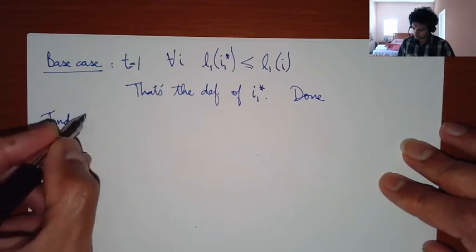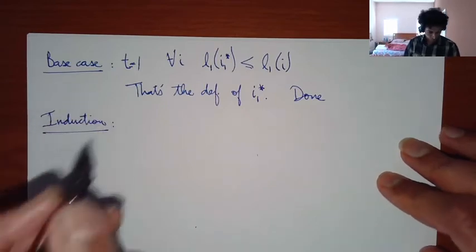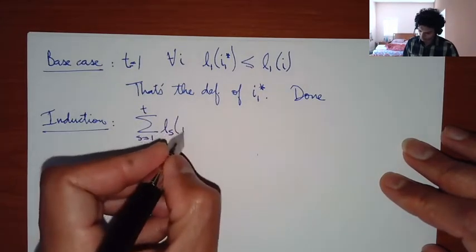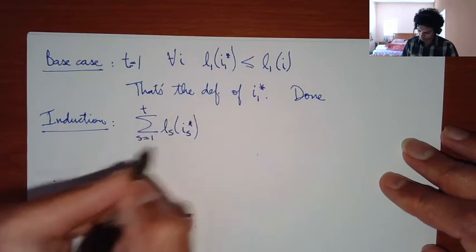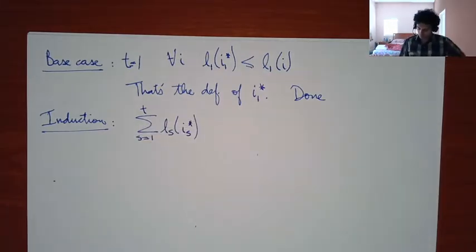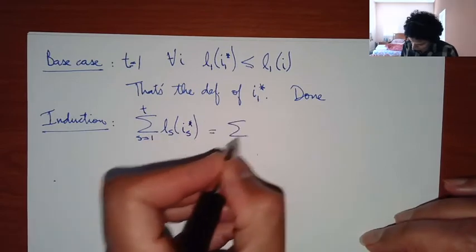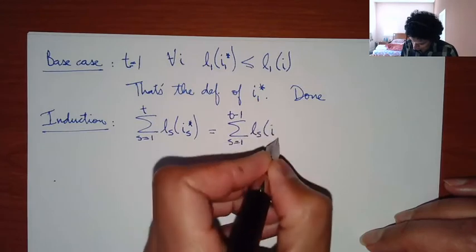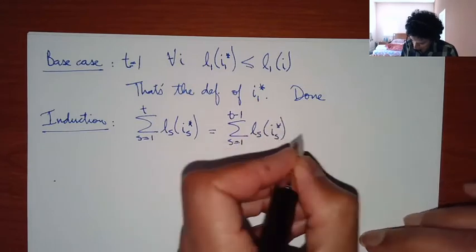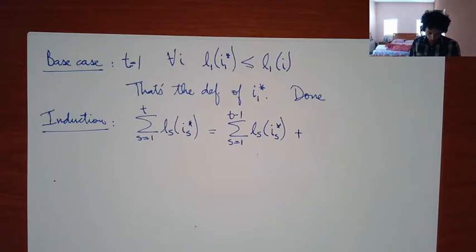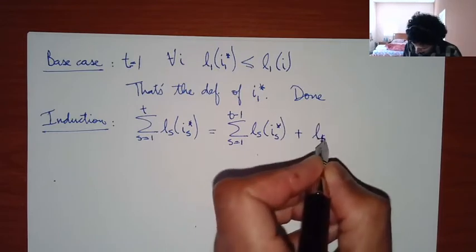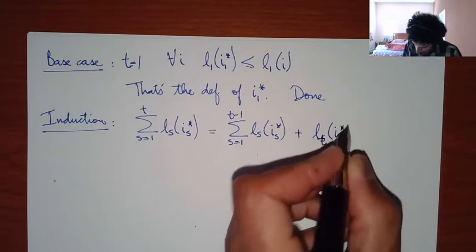Now let's do the induction. So go from S equals 1 to T of L_S of I_S star. Now we can break this up as the sum from 1 to T minus 1 of L_S of I_S star plus the last one, L_T of I_T star, right?